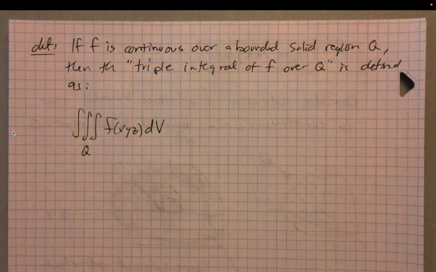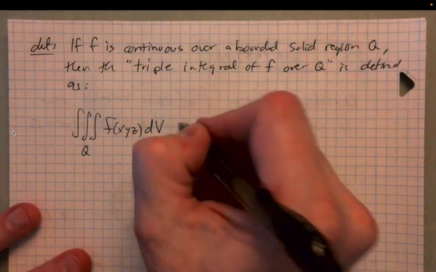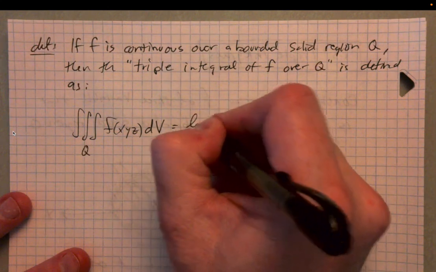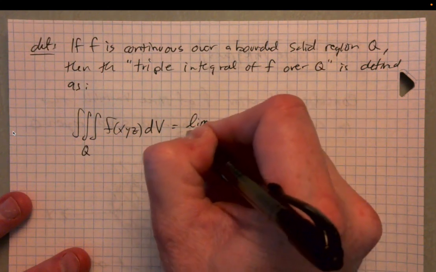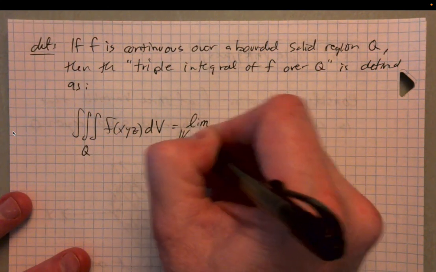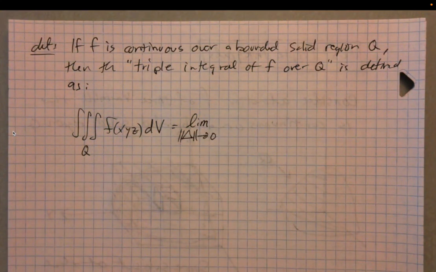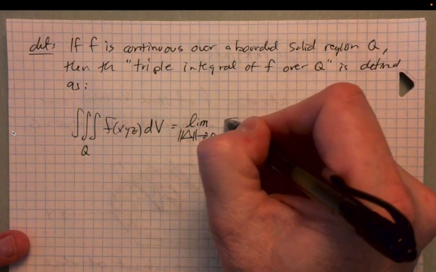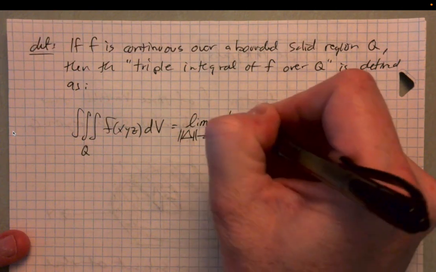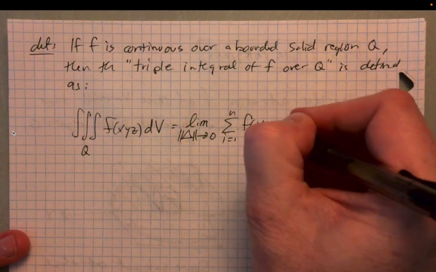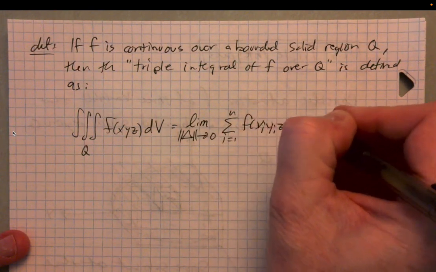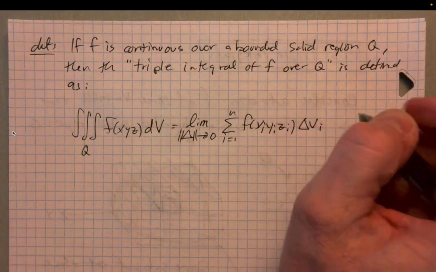All right, so that's sort of the notation generally, and by definition what we mean there is the limit as the norm of the partition goes to 0, meaning the size of all of the cubes diminishes to 0. Then it's going to be the limit as that occurs of the sum i equals 1 to n of f of xi, yi, zi times delta vi.